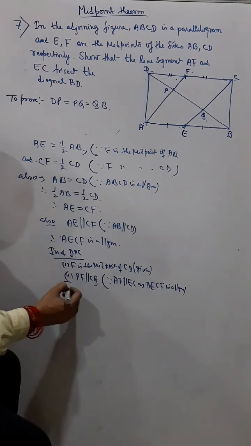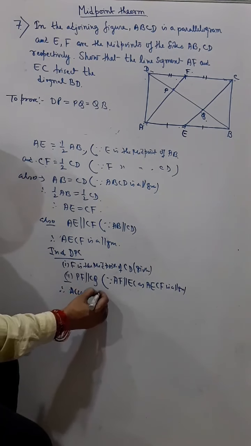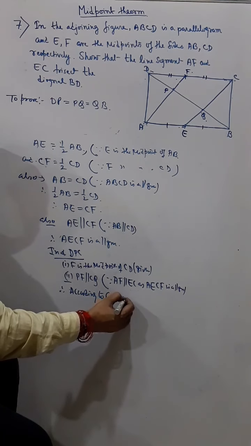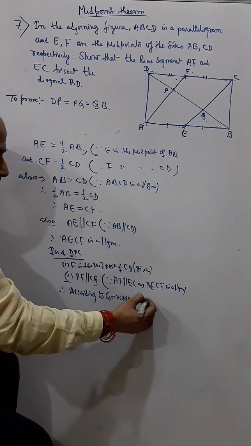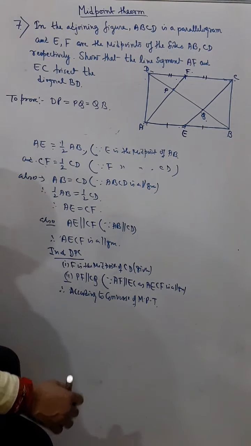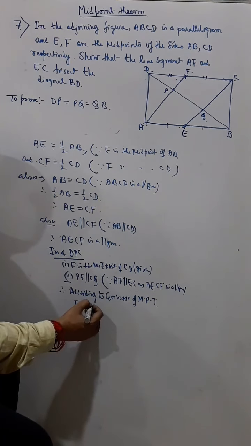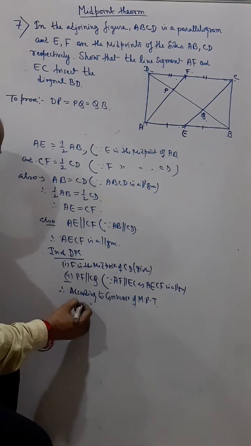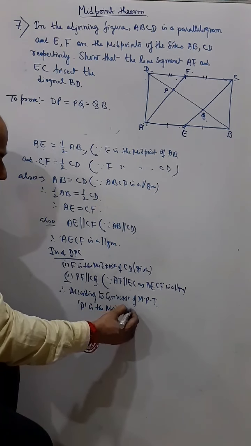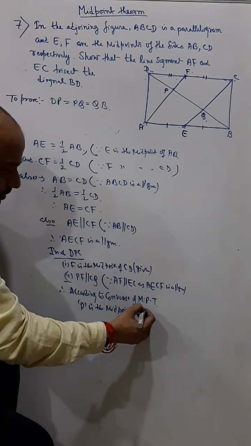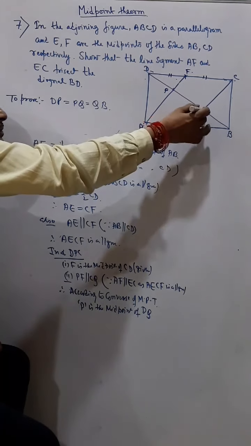And therefore we can say that according to the converse of the midpoint theorem, P is the midpoint of DQ, right?